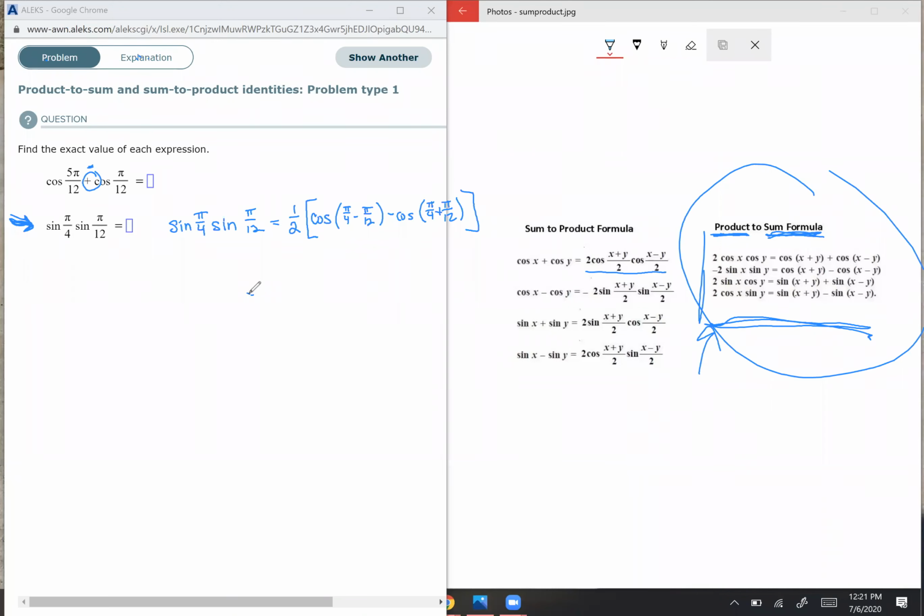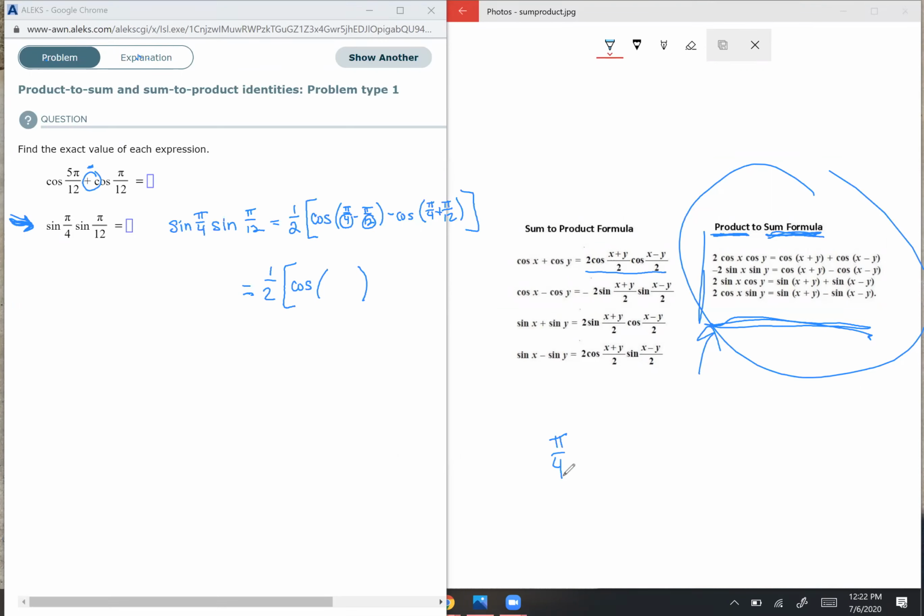So we've got the 1/2. On the inside, we do have to add and subtract pi over 4 and pi over 12. These do not have common denominators, so we're going to have to get common denominators. We're going to leave this one as pi over 12, but you guys, we need to make this into something over 12. So be careful when you're finding equivalent fractions.